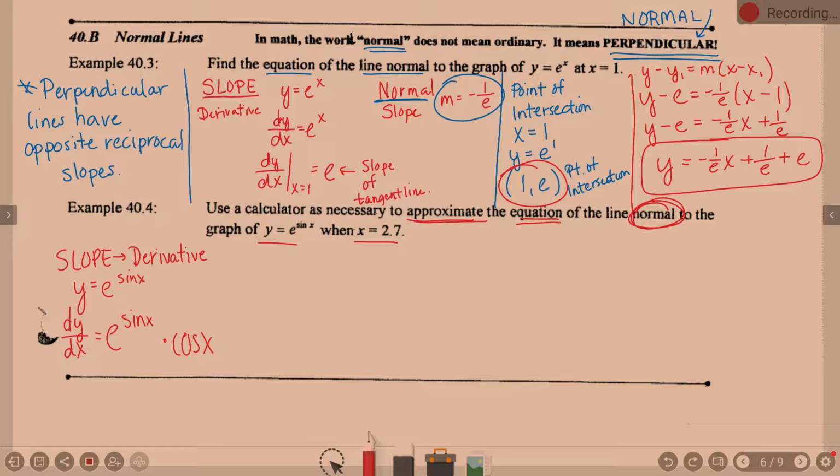So, what do I need to know about this derivative? When x equals 2.7. So dy dx evaluated at 2.7 means I'm doing e to the sine of 2.7 times cosine of 2.7. And this is where I have a decimal.